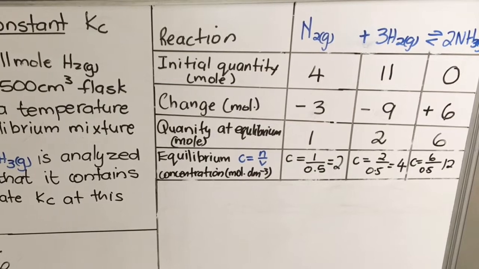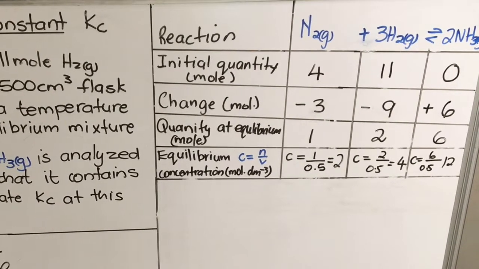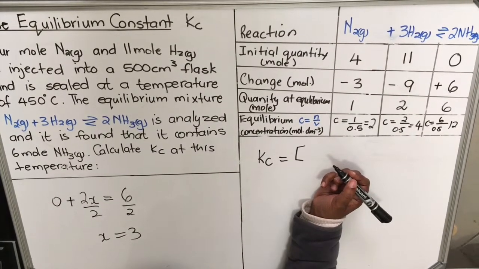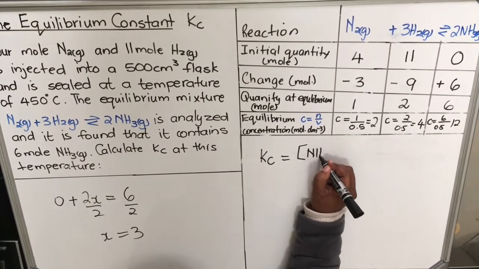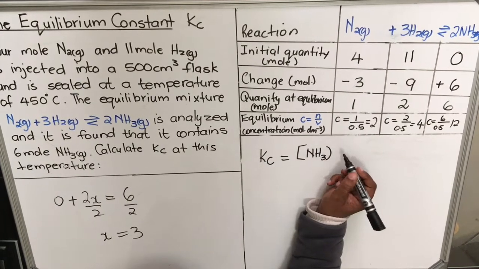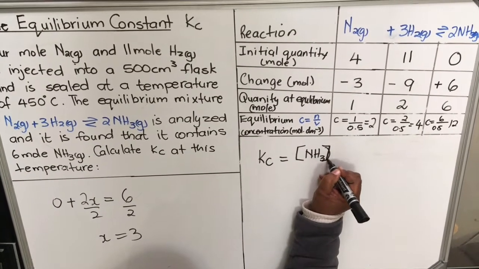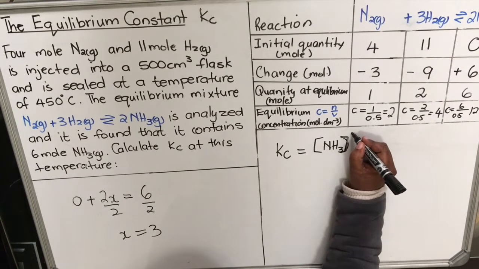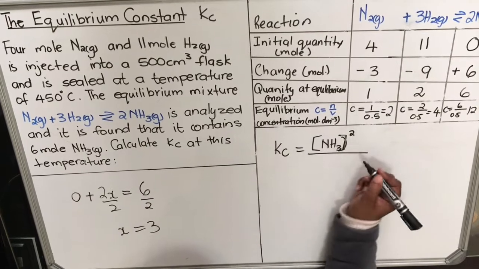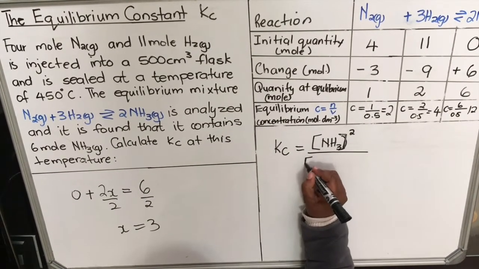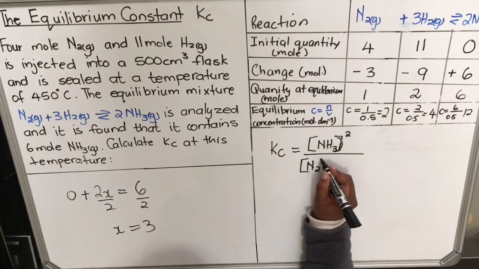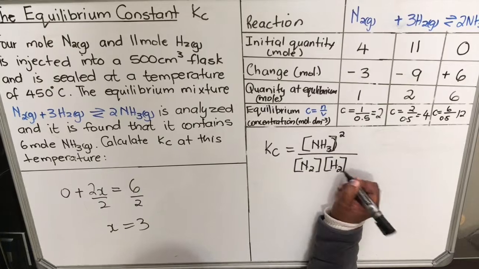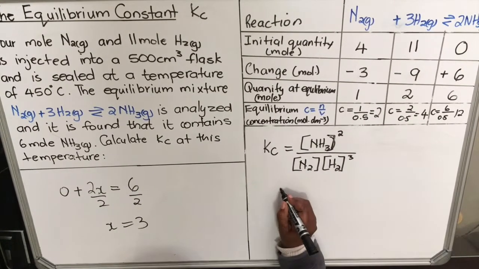Then we can calculate the equilibrium constant Kc. Kc is equal to the concentration of the product, which is NH3, in square brackets, with the coefficient becoming the power, divided by the concentration of the reactants, nitrogen and hydrogen. The hydrogen has a 3 there, so the 3 becomes the power.